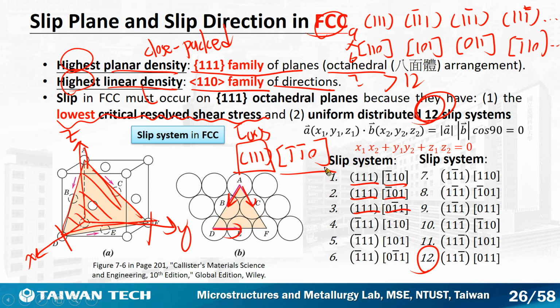So the inner dot product for these two vectors would equal 0. So we can use this equation to check if this one is a slip system. For example, 1 plus minus 1, 1 plus minus 1, 1 plus 0 equals minus 2, not equal to 0. So this one is not a slip system. Okay?